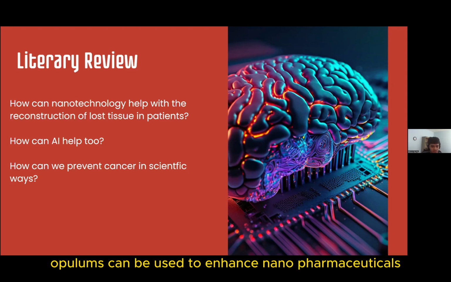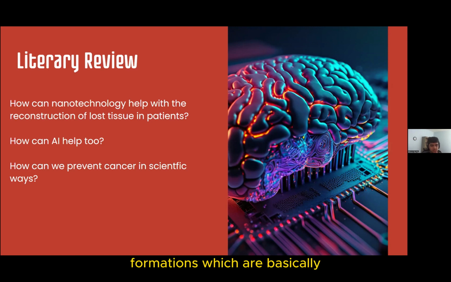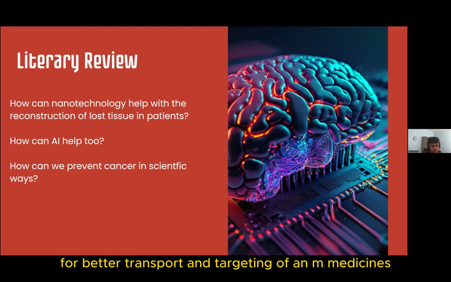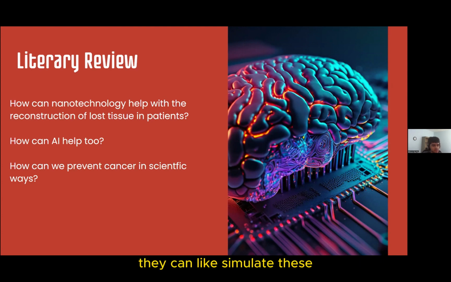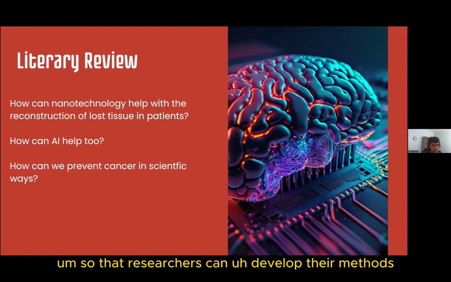ANN algorithms can be used to enhance nanopharmaceutical formulations, which are nanostructures that carry materials from one place to another, and for better transport and targeting of nanomedicines. AI can create maps that simulate these transportations, such as the liposomes, so that researchers can develop better methods.